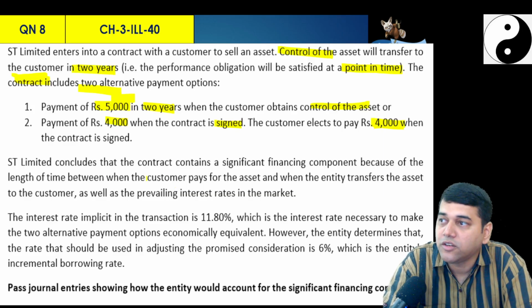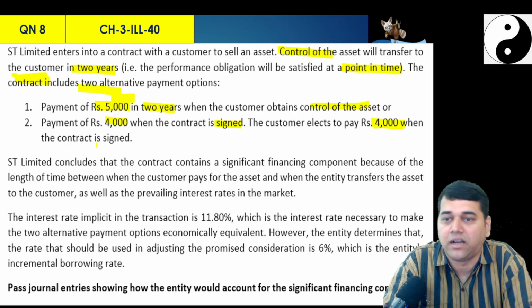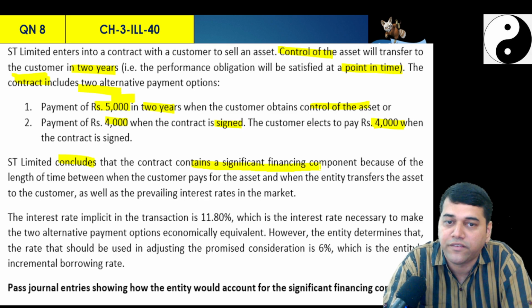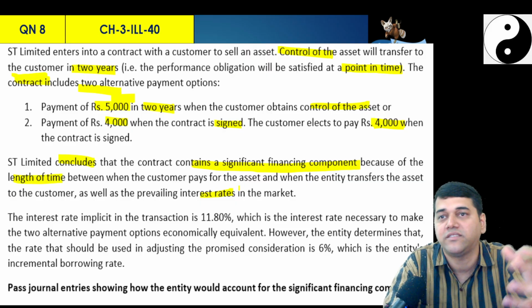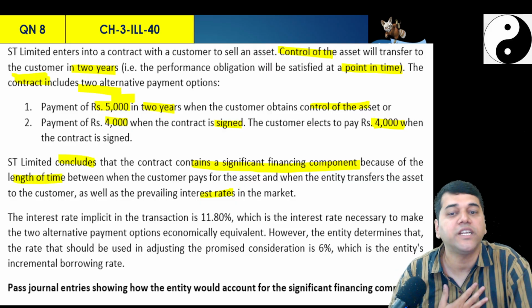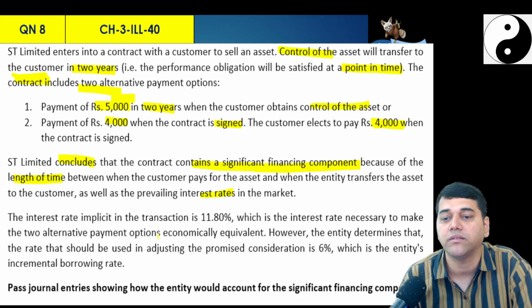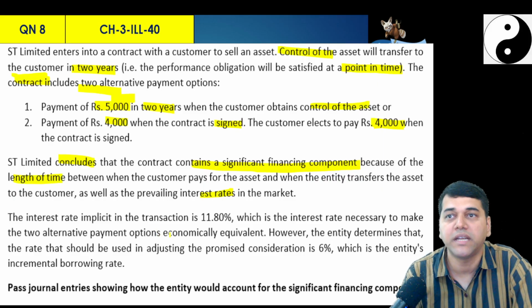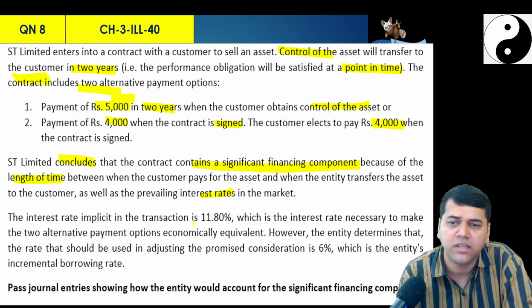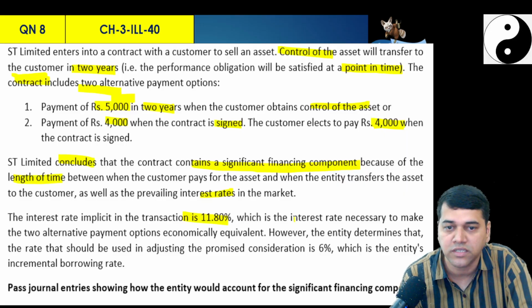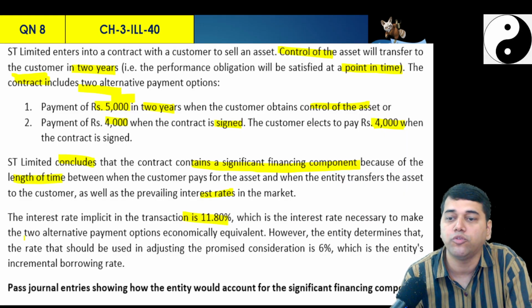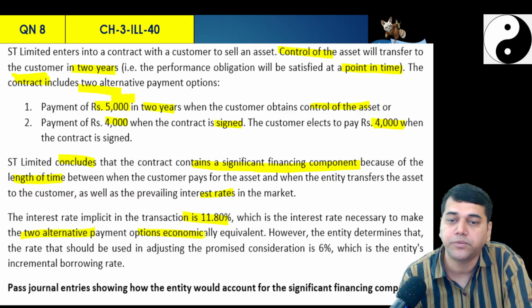Now, ST Limited concludes that there is a significant financing component because of the length of time between when the customer pays and the asset is transferred, as well as the interest rate; all these factors they considered. So, which rate of interest should they have used? The incremental borrowing rate, but if it is not available, we can take the implicit rate. 11.8% is the implicit rate of interest necessary to make the alternative payment options equivalent.